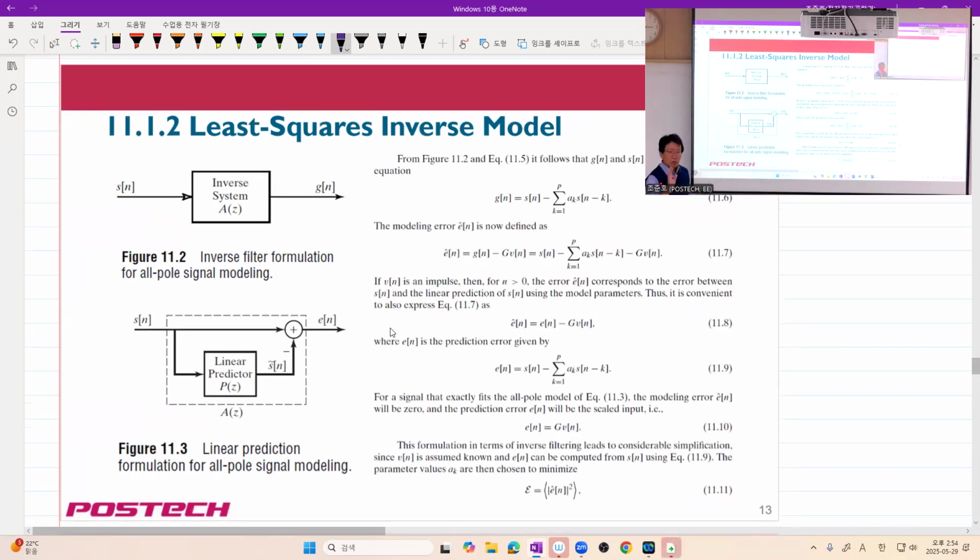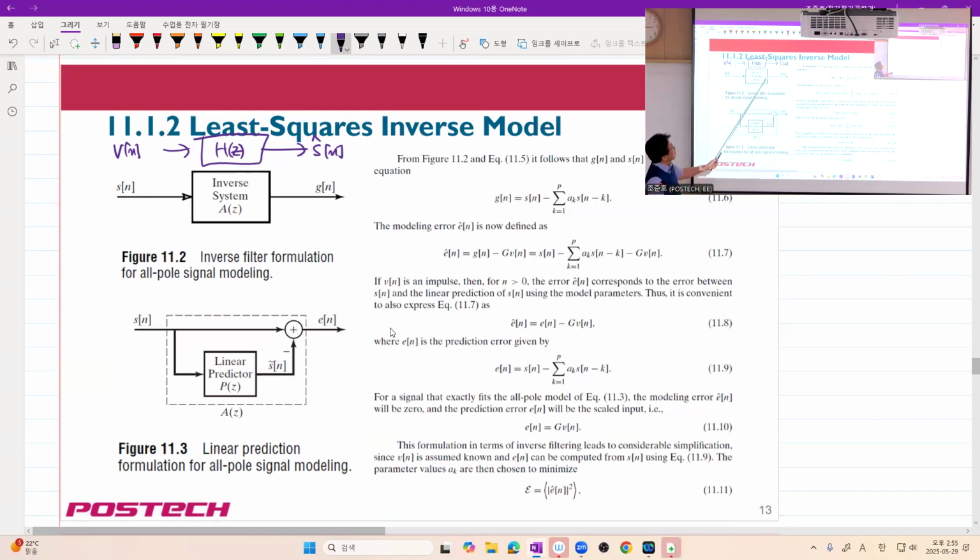So suppose we have found some model of S as a convolution of V and H. Then we have something like this, right?